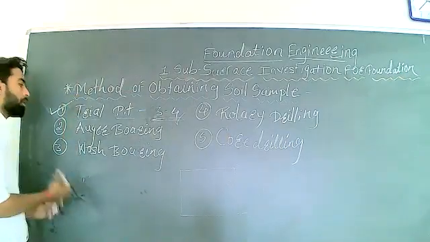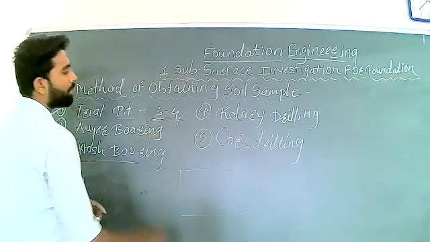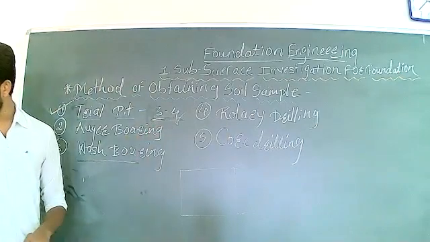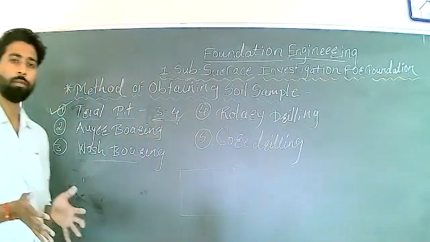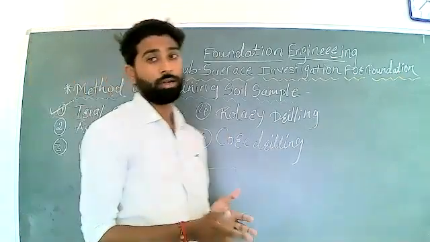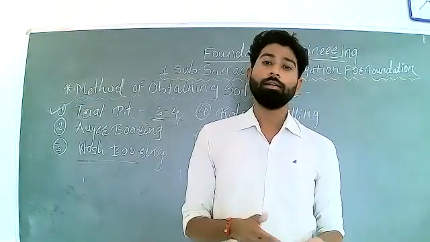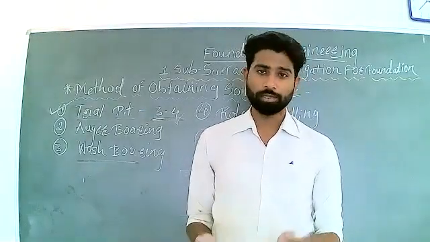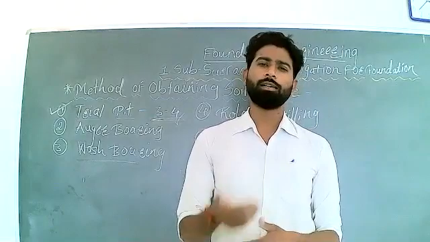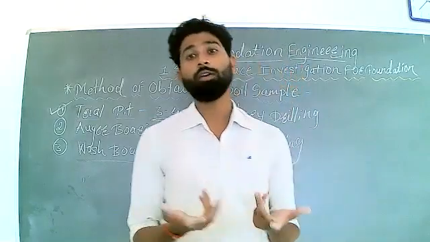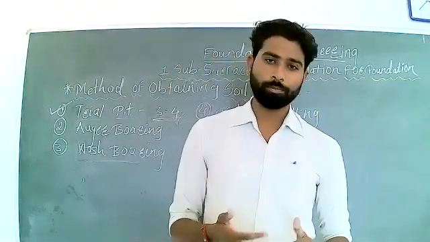The other methods, like auger boring, wash boring, rotary drilling, and percussion boring, we will discuss in the next lecture. These methods are all important. Auger boring by hand goes up to 5, 6, 7 meters, but it gives a disturbed sample. Wash boring also gives a disturbed sample. It is like a borewell type.